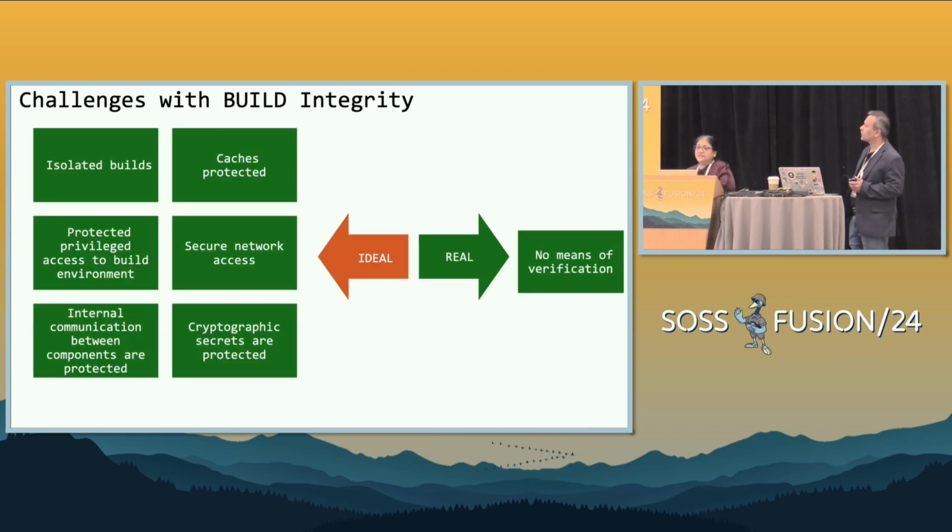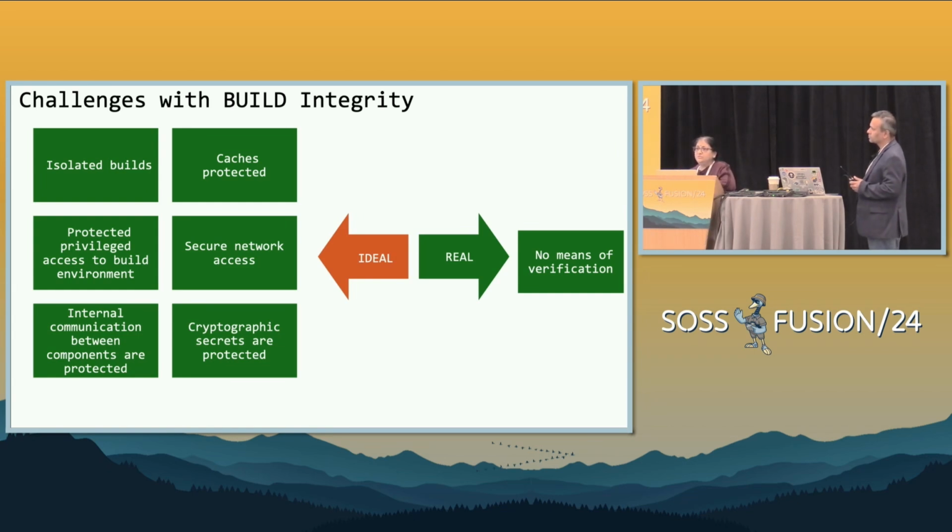And similarly, for build integrity, there is also no assurance. The 2 builds could have happened one after the other, and one could have poisoned the cache, whether the build is isolated, whether there was no external access to the build platform, the internal communication. SolarWinds is an example of this attack on the build platform where they established a backdoor.